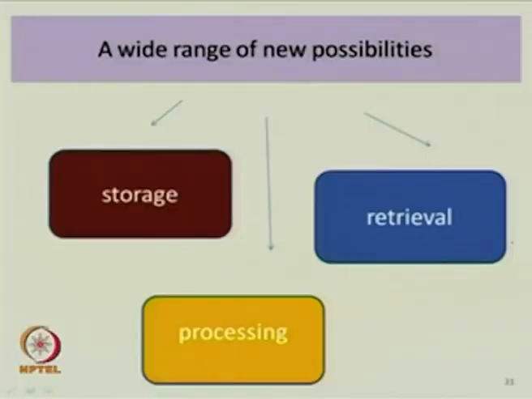So now Donald says that with this external storage of memory there is a wide range of new possibilities, not simply for storage of data, but also for the way data is processed. Remember, he said there is a new working memory architecture, and hence new ways of processing, and also of retrieving things.